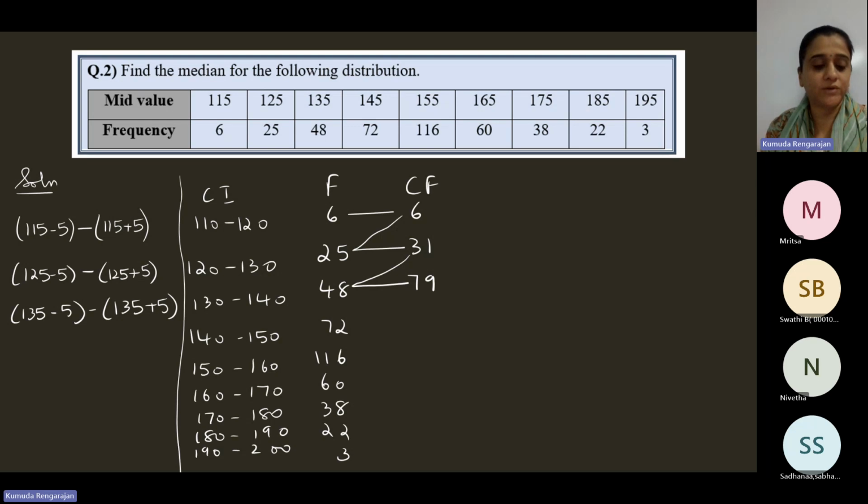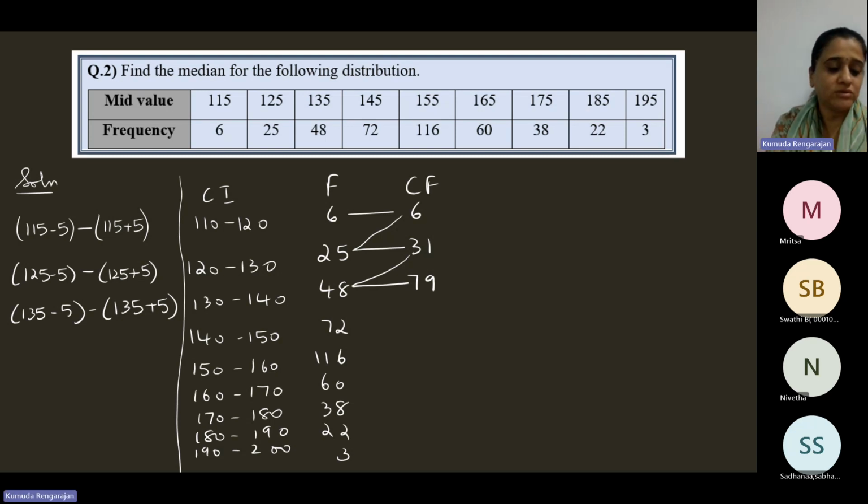I'm reading out the cumulative frequencies: 6, 31, 79, 151, 267, 327, 365, 387, 319. So the total of the frequency column is also 319.